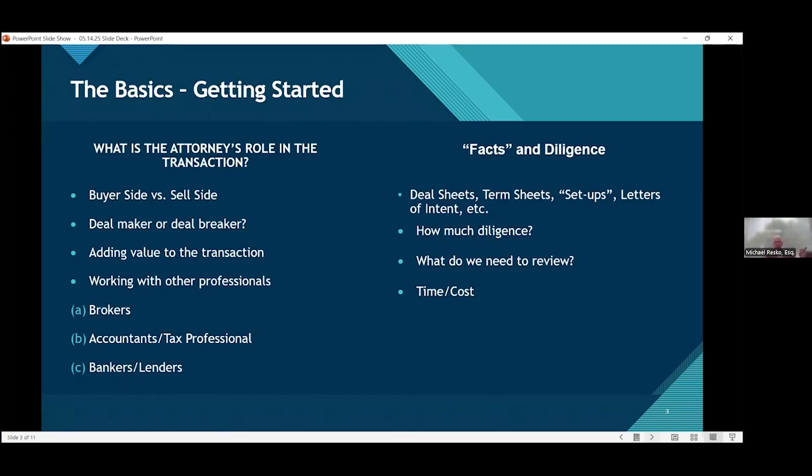Just like in a real estate transaction, this is our starting point. And if we are representing the buyer, once we have this basic framework, the basic outline of the transaction, we start thinking about diligence.